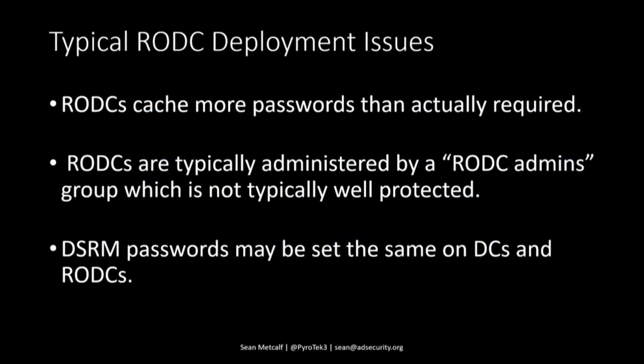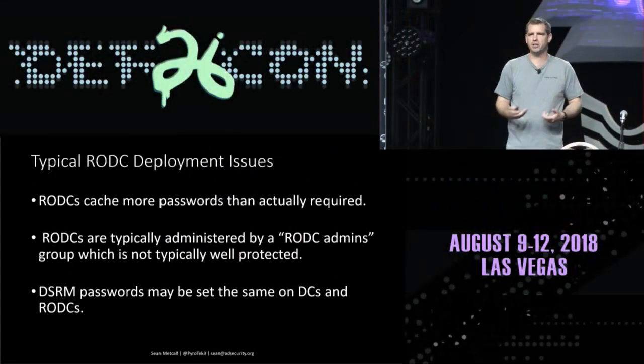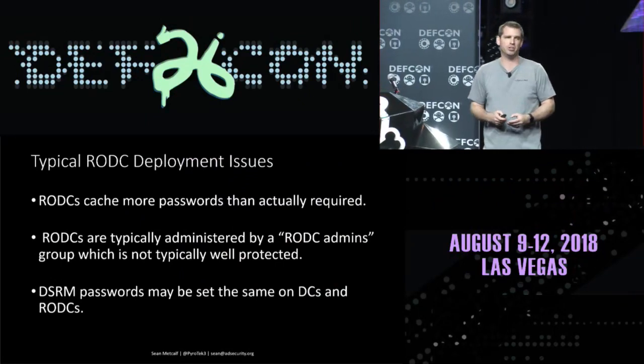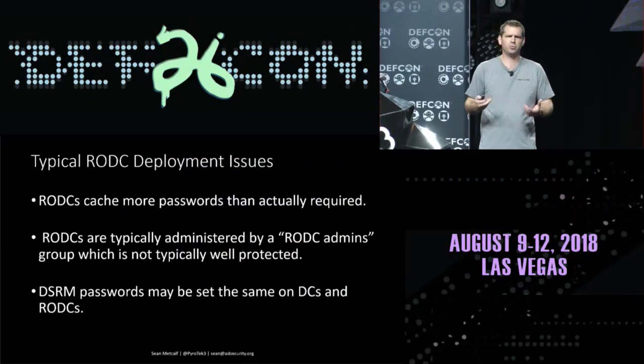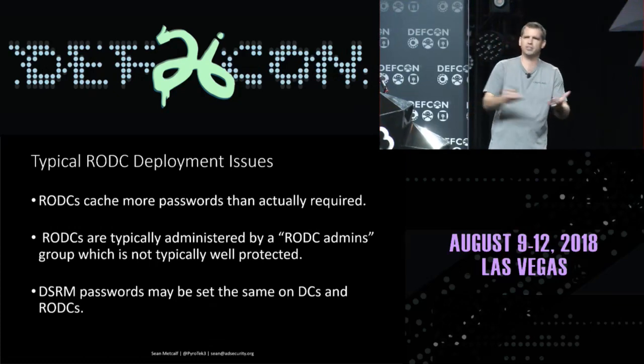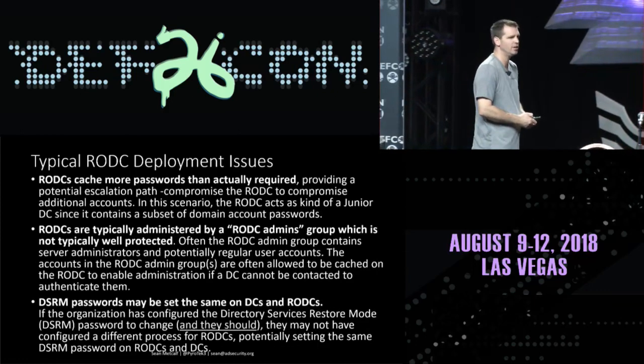Maybe not all the time, but I'd say half the time I find a configuration like this in an environment. They cache more passwords than are actually required. They're typically administered by RODC admins, which may include user accounts. And the password for the DSRM account, which is the built-in administrator account for that single domain controller, is often the same across all the DCs and the read-only domain controllers.